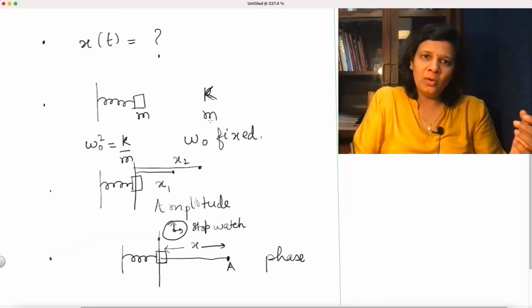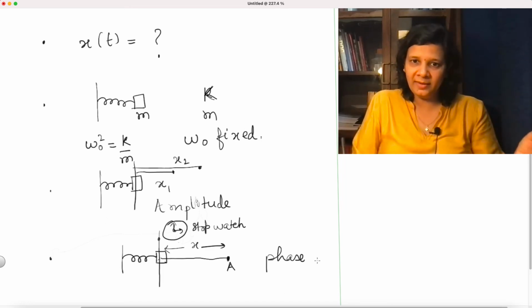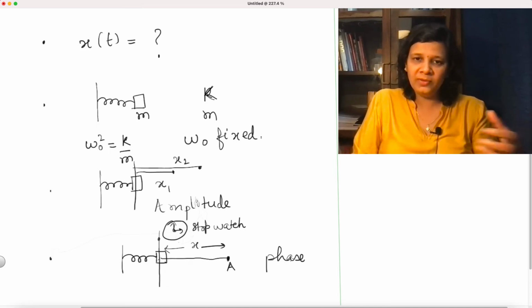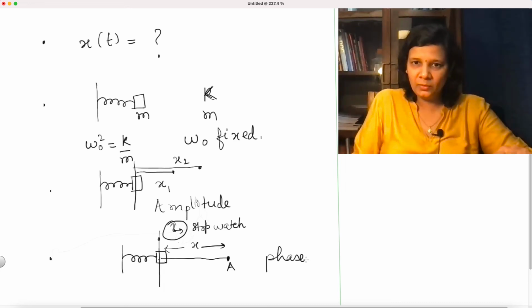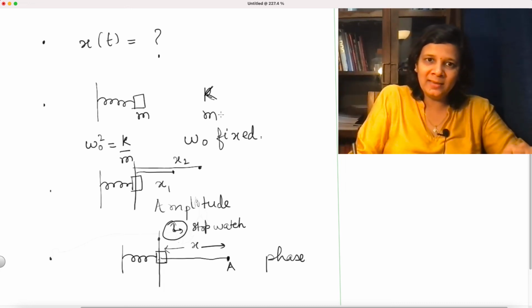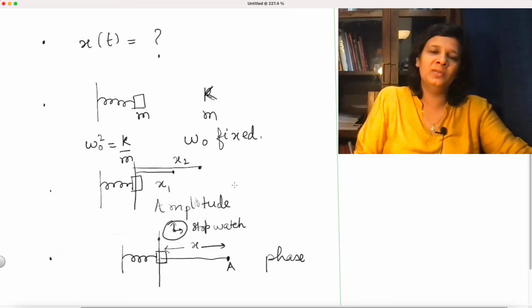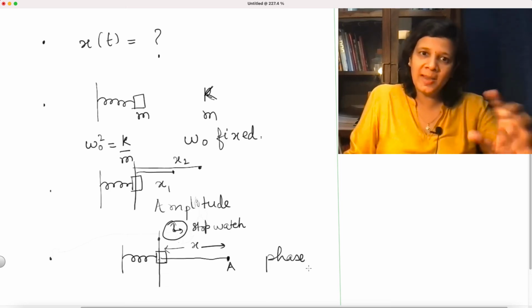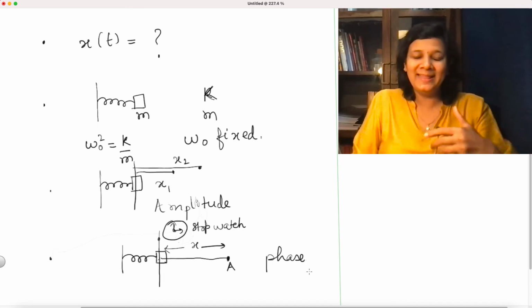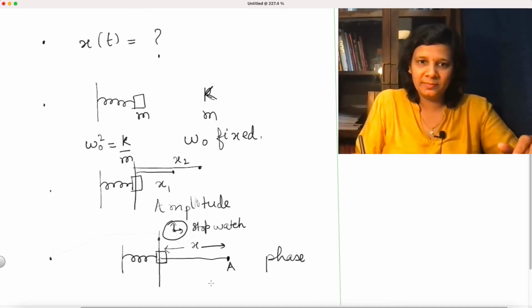Now, after having all this understanding, we can move further and see what my solution can be. These are the pieces of information which will go in the solution x as a function of t: omega naught, my amplitude, and the phase, in which amplitude and phase you can choose, and this will be your initial condition.